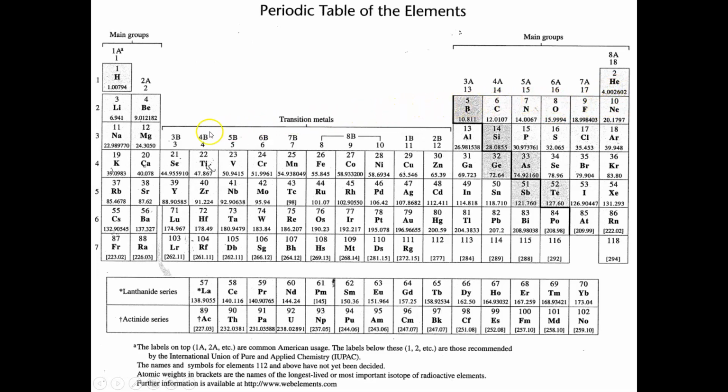If we look over at the other side of the periodic table, let's say, for example, strontium. Strontium is element 38. Its nearest noble gas is not xenon over here in the same period. Its nearest noble gas is actually krypton. You'll notice that strontium is element 38, krypton is element 36.